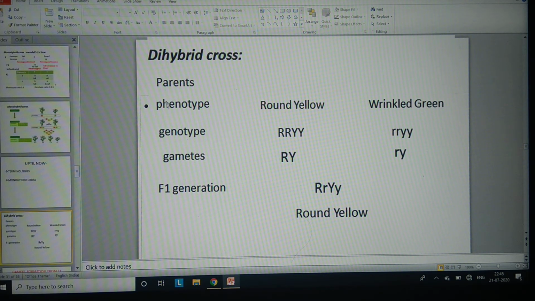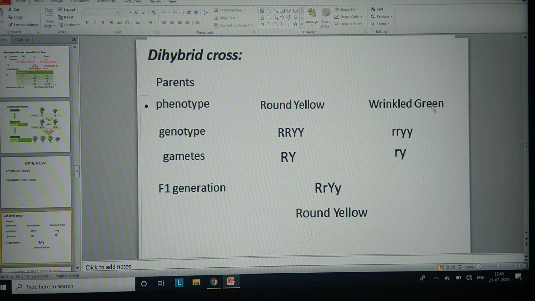This is the parental generation, and phenotype of the parental generation: one of the parents consists of round and yellow seeds. Here the genotype used for the round is capital R, and for yellow it is capital Y. Why do we have to use these letters 2 times? Because genes are always present in pairs as they are situated on homologous chromosomes. So for round yellow, capital R, capital R, capital Y, capital Y is the genotype.